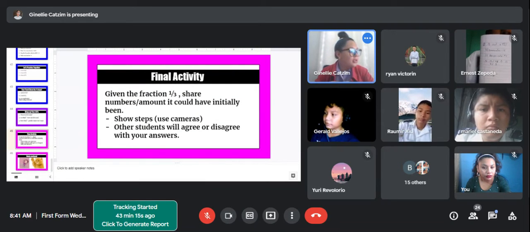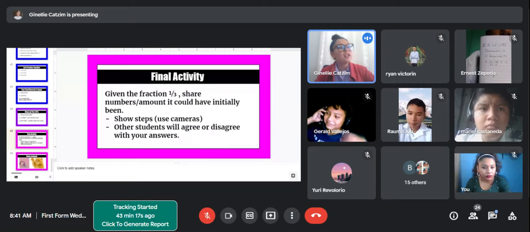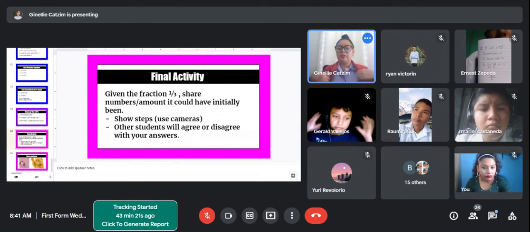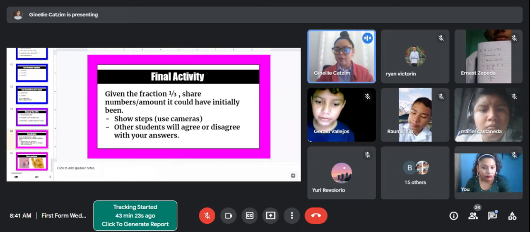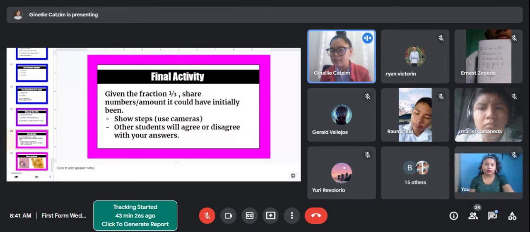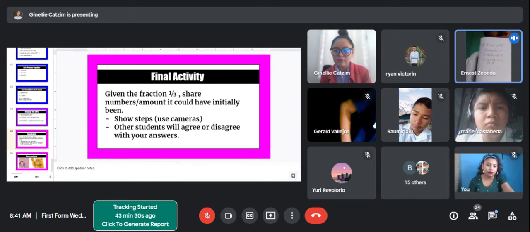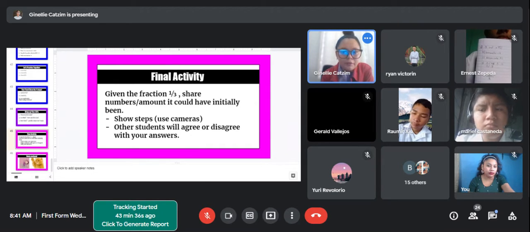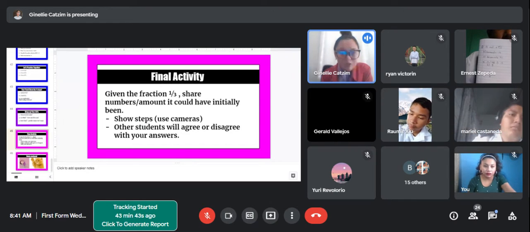So let's see your colleagues' results, and you will agree or disagree. Miss, can you see my one? If you are sharing, I cannot see at the moment. I am sharing my camera, miss. My working. Okay, just let me pin it to my screen so I can see it correctly. 5/45, the numerator is 5, denominator 45. We have the LCM, which is 15, and 1/3.